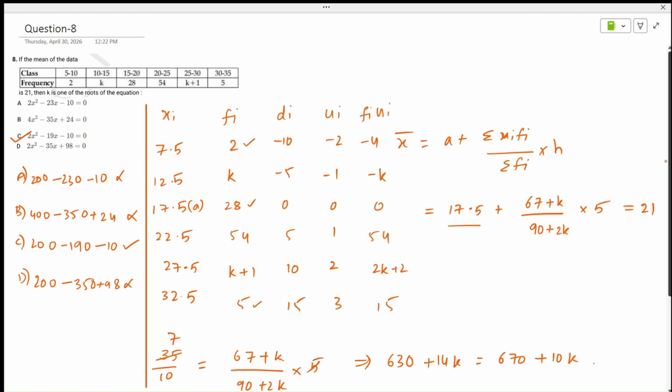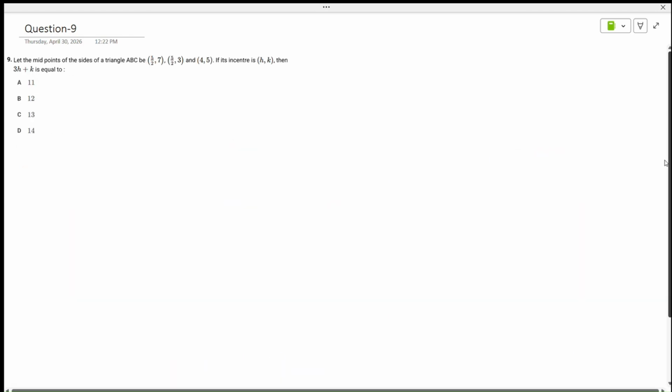Let us move to question number 9. In question number 9, what he's saying is, let the midpoints of the sides of triangle ABC be these values. If its incenter is h comma k, then find the value of 3h plus k.